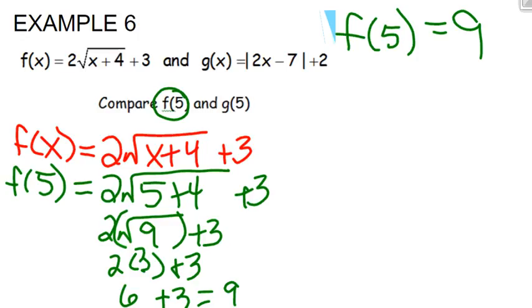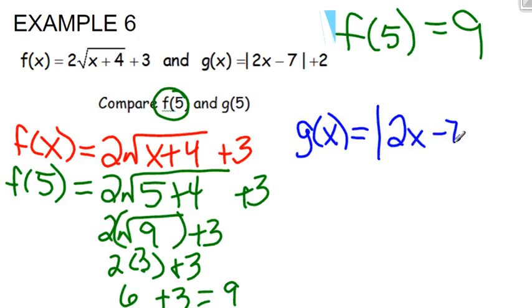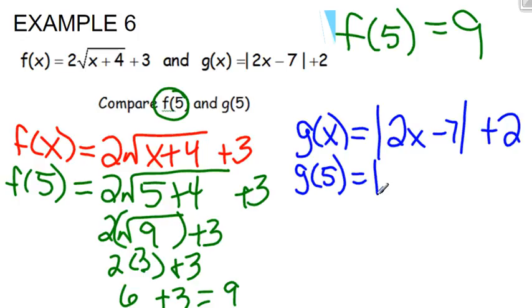Okay? Then we need to figure out what g of x is at that value. So g of x is the absolute value of 2x minus 7 plus 2. I need to figure out what g of 5 is. So I'm going to do the same thing. I'm going to plug in 5 for x here.